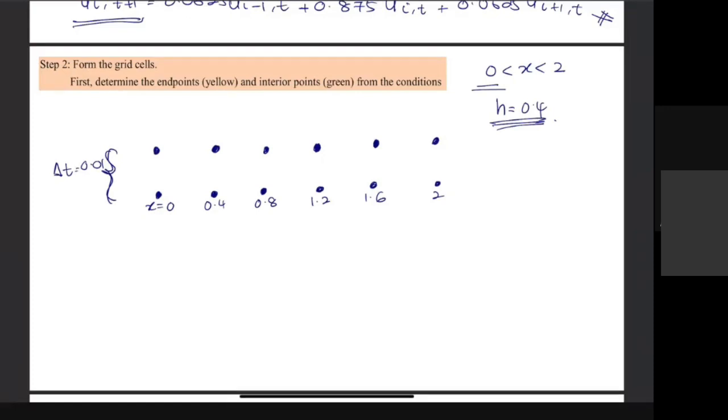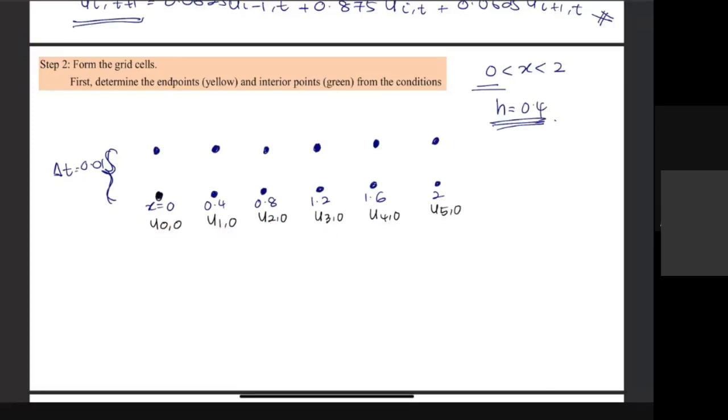Okay, and then you put the points in. Here is U00. We start with U00. And then next is U10, U20, U30, U40, and U50. Just the value of X is changed.